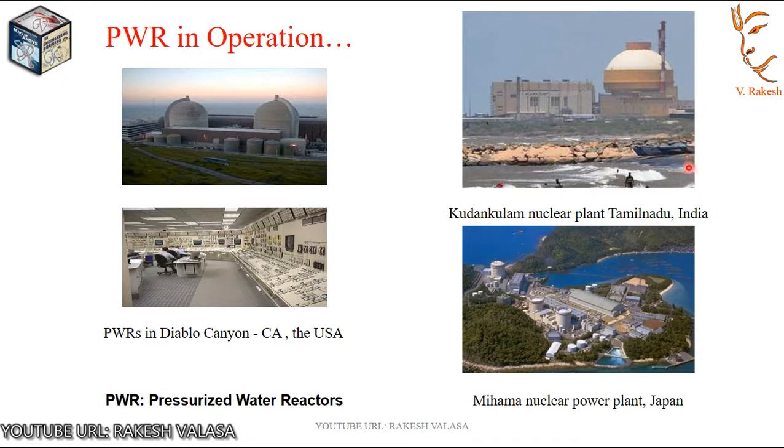It is India's first pressurized water reactor belonging to the light water reactor category. You can also see here this third one, that is Mihama Unit 1, that means Mihama Nuclear Power Plant, Japan. This is the first pressurized water reactor nuclear power plant in Japan, started in 1970.